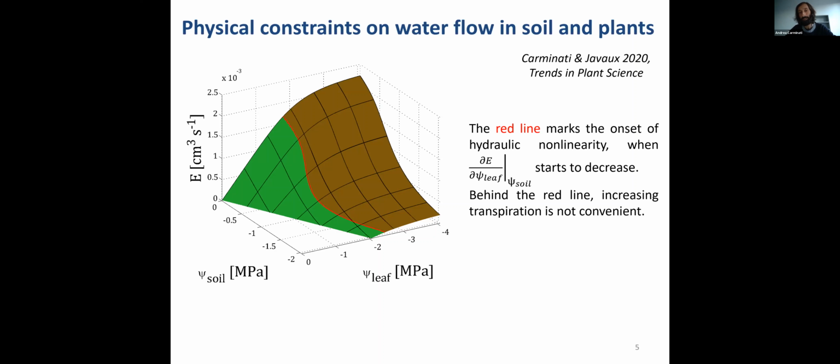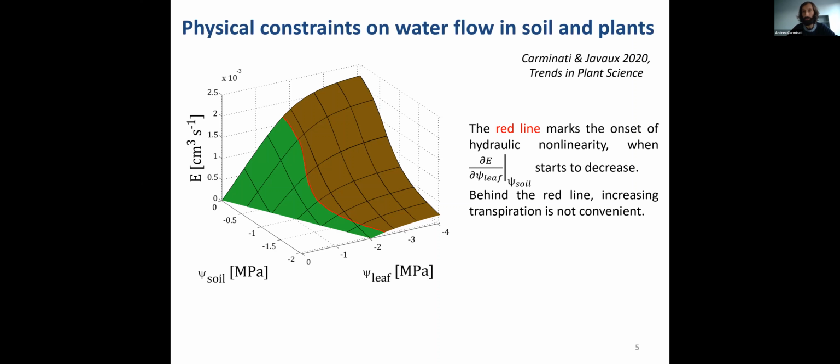And the surface has an important characteristic, which is that it has a linear part, which is here in green. The linear part means that the conductivity of the whole soil-plant continuum is constant. So there is no cavitation and the soil conductivity is not yet limiting. And the brown part is where the conductivity drops.